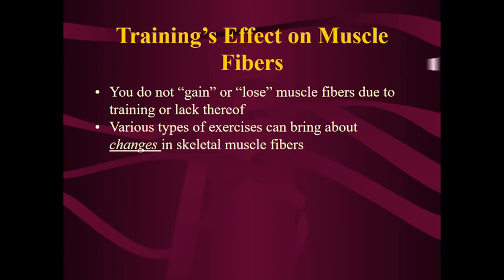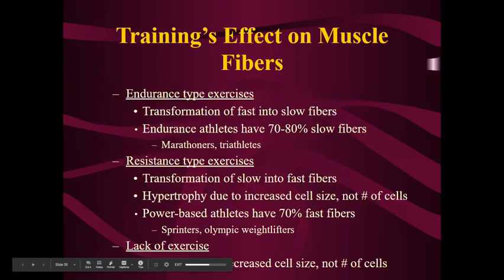Various types of exercises bring about changes in skeletal muscle fibers. Like we said, the endurance exercises can cause increases in capillaries and mitochondria. Anaerobic resistance exercises can result in increased myofilaments and increased endomysium, which actually causes muscle to get larger.